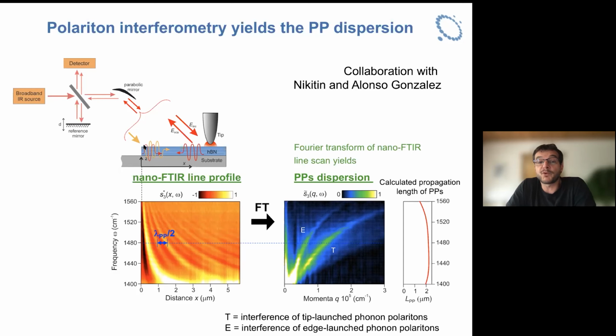This polariton propagates to the tip and then is scattered out. So this polariton propagates only the distance between tip and edge once. And that is the E branch. As I said, it's one and the same polariton. The E branch would give you the polariton dispersion, while the T branch gives you the polariton dispersion multiplied by a factor of 2 if you consider the momentum axis here.